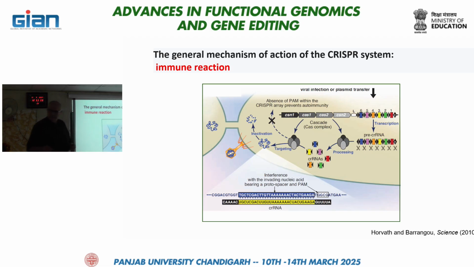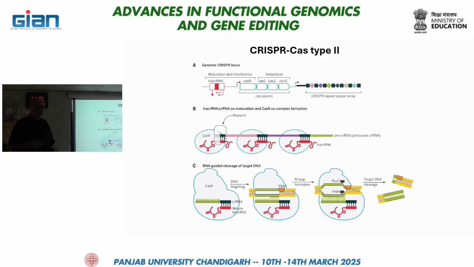Okay. And then how can this happen? Of course, you have the Cas operon, which encodes different Cas nucleases. Cas1 and Cas2 nucleases are important for adaptation.